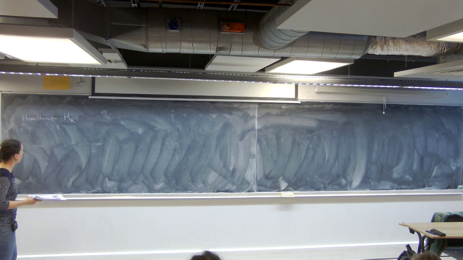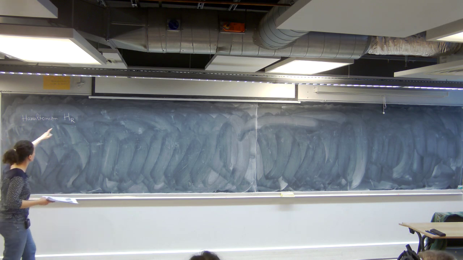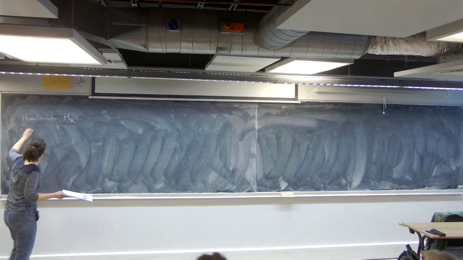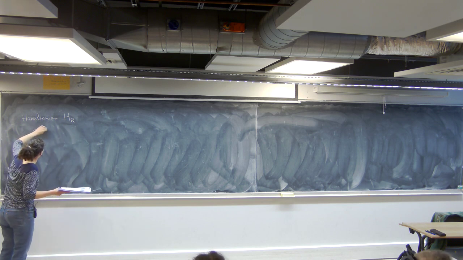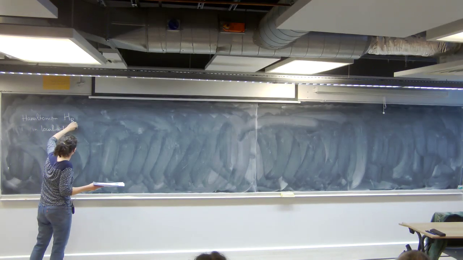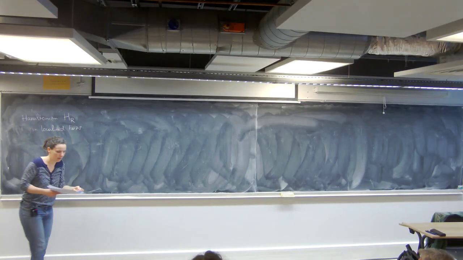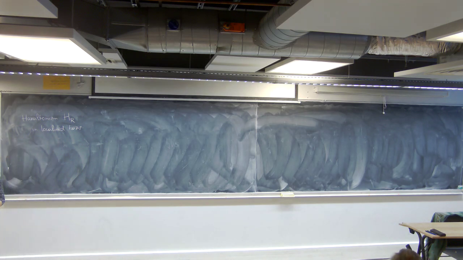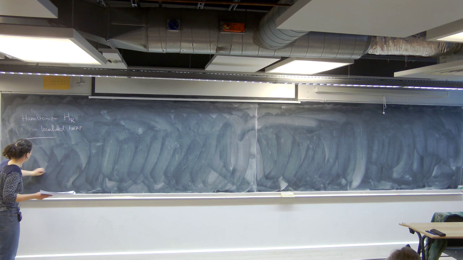Okay, so if you take the Hamiltonian in a localized basis, you will have a given number of orbitals for each atom, and the Hamiltonian will look like something like this.